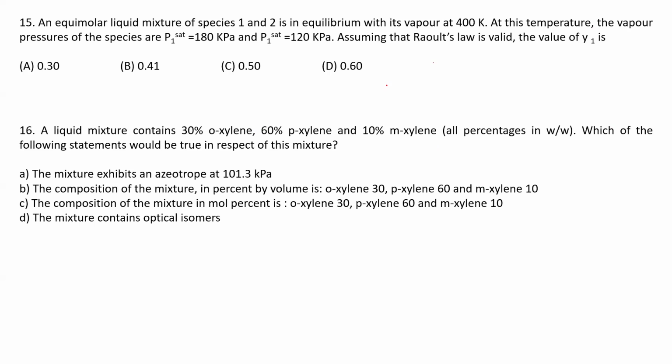At this temperature, the vapor pressures of the pure species, P1 sat and P2 sat, are given, instead of giving the Antoine equations. Assuming Raoult's law is valid, the value of y1 is, as we found last time, P1 sat by the total pressure, which is X1 P1 sat plus X2 P2 sat.